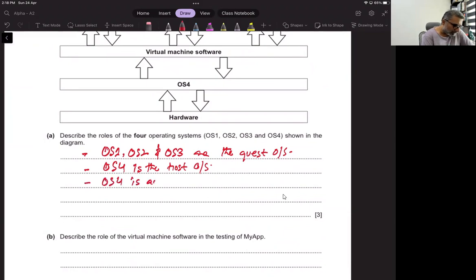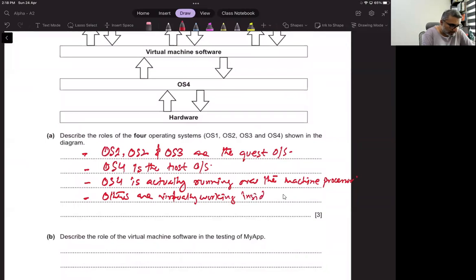OS4 is actually running over the machine processor, whereas the others are virtually working inside the virtual machine.